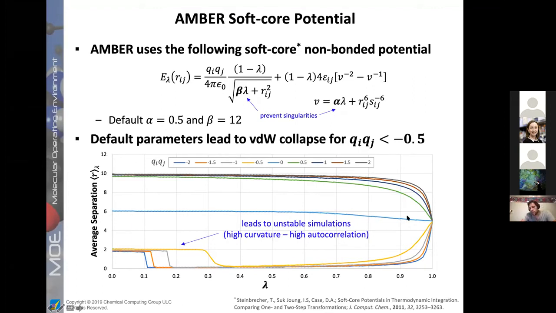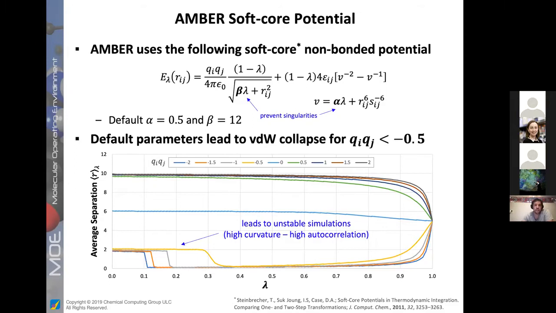And then over the course of the lambda transformation, we go then to also Brownian motion. However, when we have an attractive force, either minus 0.5 up to -2, at the beginning, when the two particles are fully there and the force field is the regular force field, we have a distance similar to a salt bridge. But when the soft core potential in AMBER kicks in, we quickly see singularities.